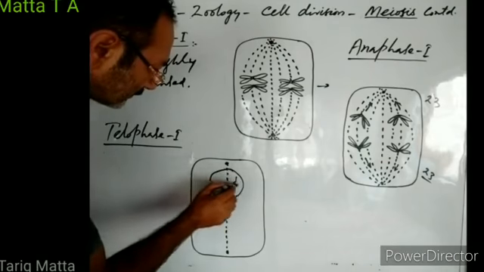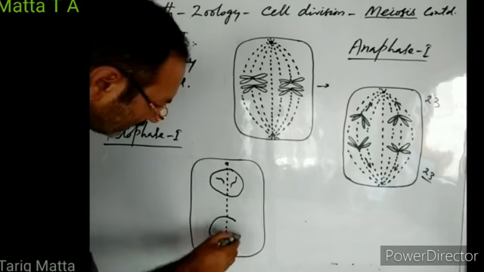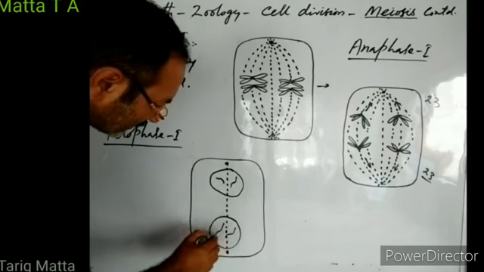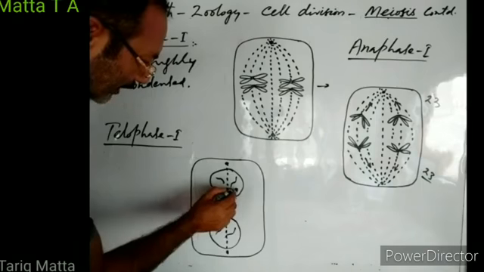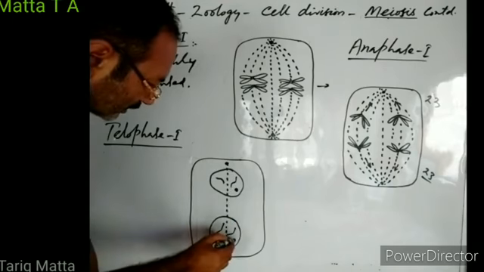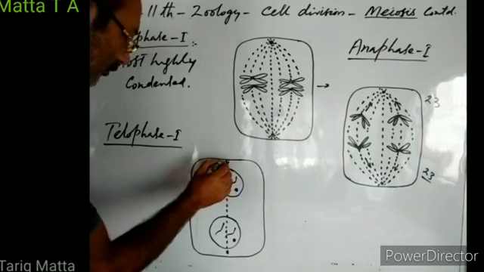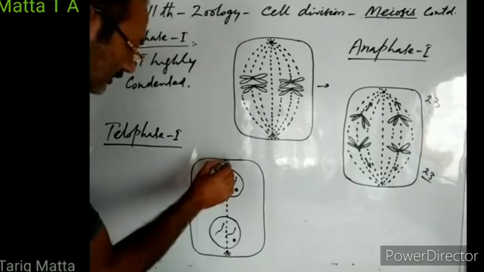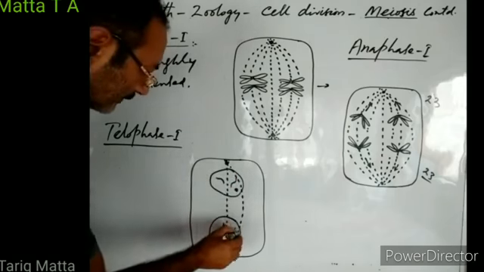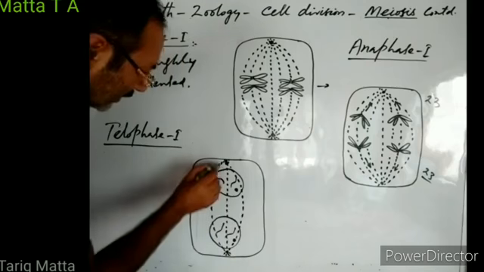Chromosomes uncoil, and they again start appearing as thread-like structures. Then they get surrounded by a nuclear membrane and the nucleolus reappears.